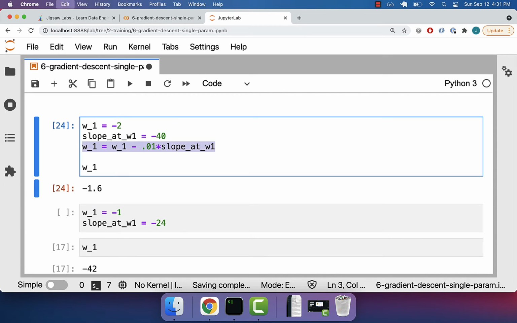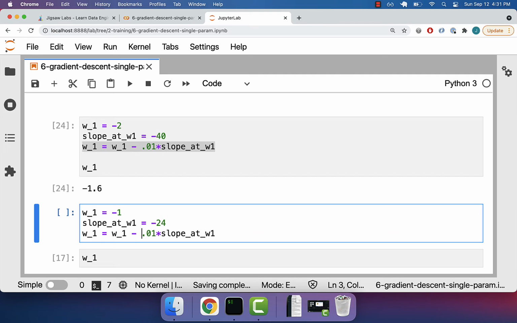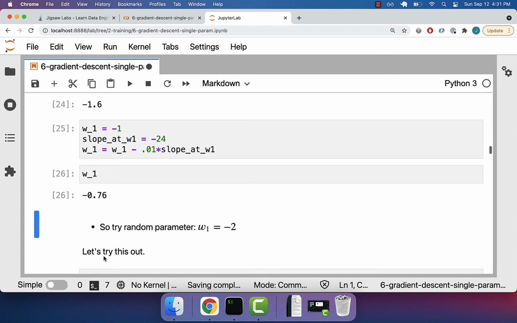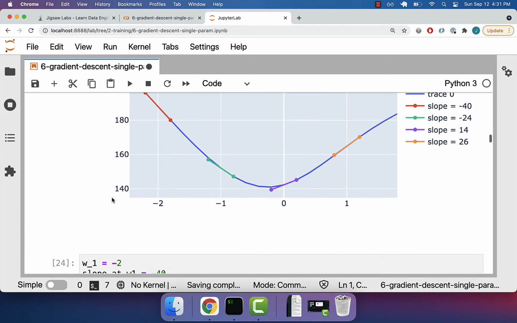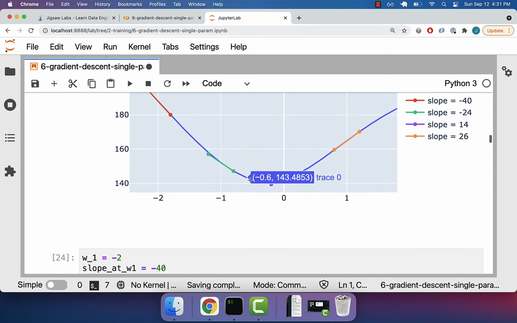And then we do W1 minus 0.01 times the slope at W1. Let's see what that gives us. -0.76. So you can see we continue to move in the right direction without overshooting the mark, which is what we want to do. So this is a more efficient way to descend along our cost curve.